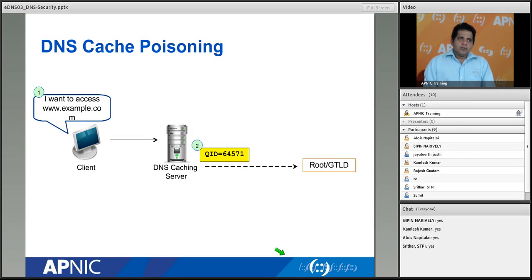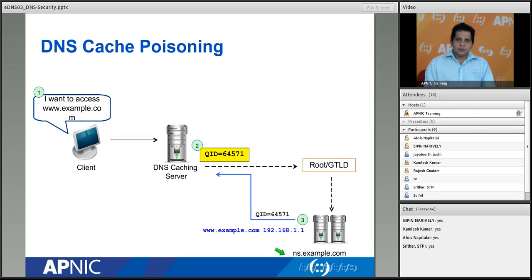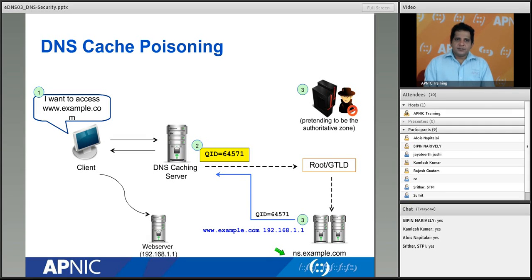So in the case of cache poisoning, that's what we discussed so far. The client could be asking a caching server with a certain query ID, and as I said, the query goes to the root or the gTLD and to the appropriate authoritative server, which gives the correct answer for that query ID, and then it talks to the correct web server.